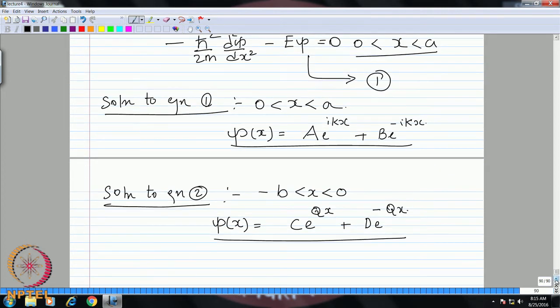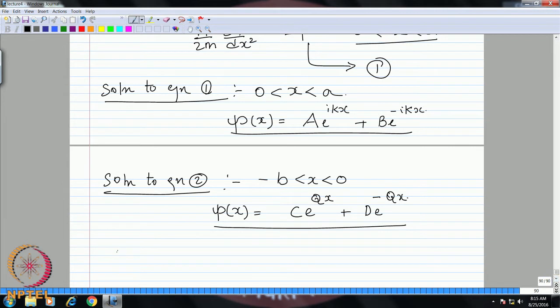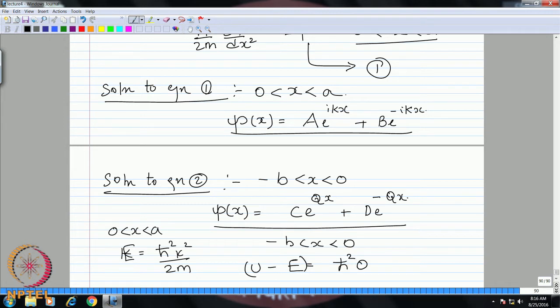So, now how k and E are related to U and E. We can write E as h bar squared k squared by 2m in the region 0 to a, and in the region minus b to 0, U minus E will be h bar squared q squared by 2m, U naught.